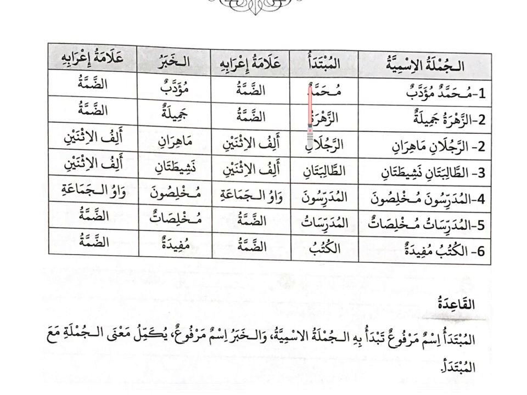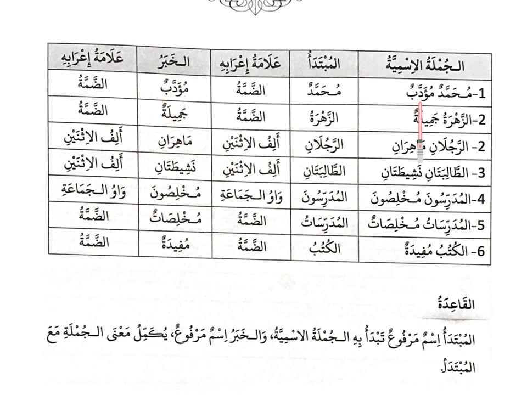I repeat. The word Muhammad in this sentence is a mubtada. And according to our lesson, mubtada is always in the state of raf', or marfu'. So when something is marfu', you will end it with a dhamma. Therefore, we read Muhammadun. We go to the word mu'addab.